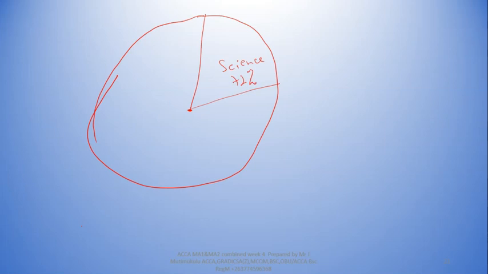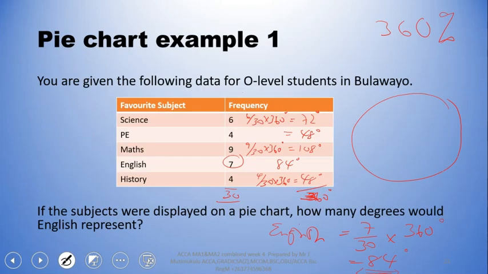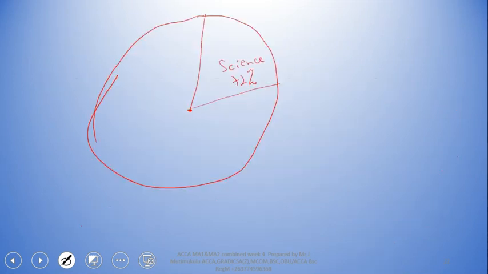I'm not having the protractor, so don't worry about it, it's not exactly like that. Then you go to physical education, we've got 48. These are degrees, not percentages. Hey, watch out. The PE is 48 degrees.